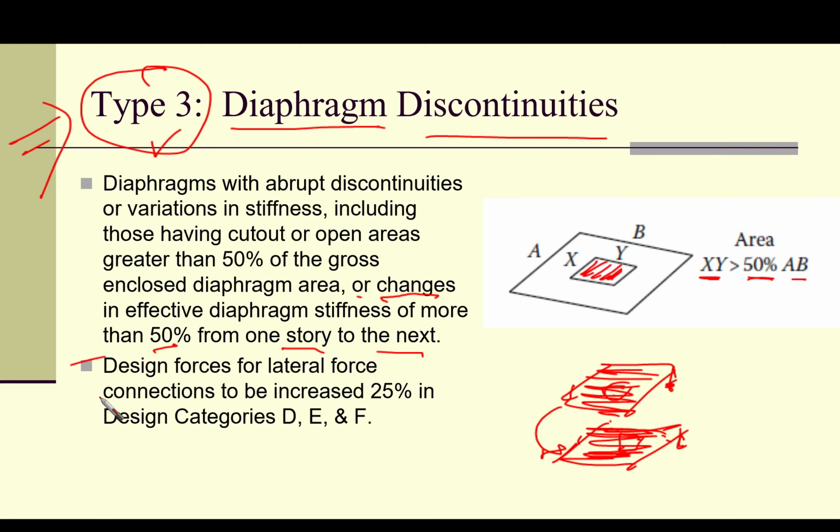So what we're going to do in this case is increase the design force for lateral force connections by 25%. We're talking about connections here, in design categories D, E, and F. Okay, D, E, and F.